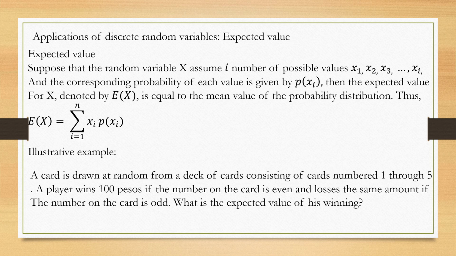So how many odd numbers are there from 1 to 5? We have 1, 3, and 5, so there are 3, so 3 out of 5. Meaning the probability of losing is bigger than the probability of winning. We are asked to identify the expected value of his winning.